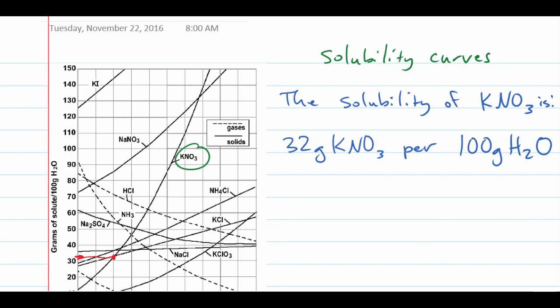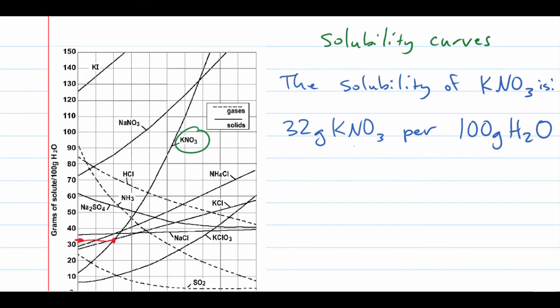This specifies only two variables, so we still have yet to specify the third, which is the temperature, which would be 20 degrees Celsius. So again, in the solubility, we specify these three amounts.